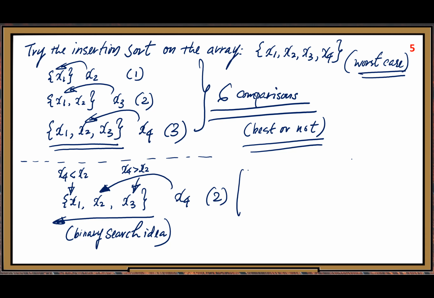So if we modify our last insertion operation, we can improve our total number of comparisons: 1 plus 2 plus 2 equals 5. You can see this time we find a 5 comparison solution.